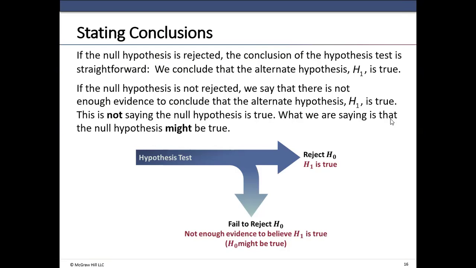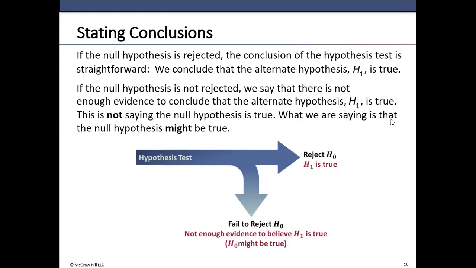If the null hypothesis is not rejected, then we say that there is not enough evidence to conclude that the alternate hypothesis H1 is true. This is not saying that the null hypothesis is true. What we are saying is the null hypothesis might be true.